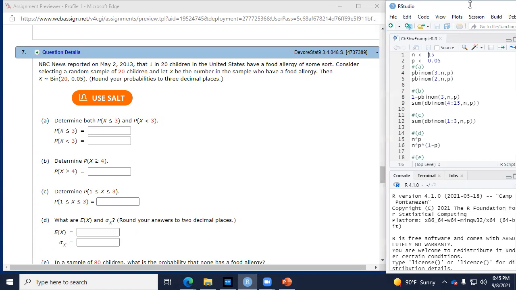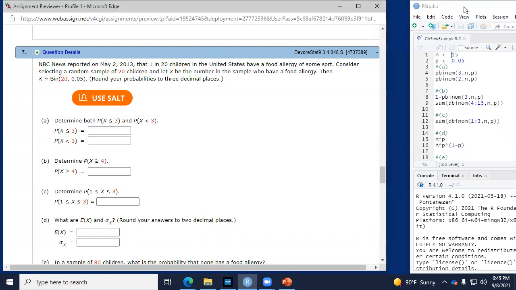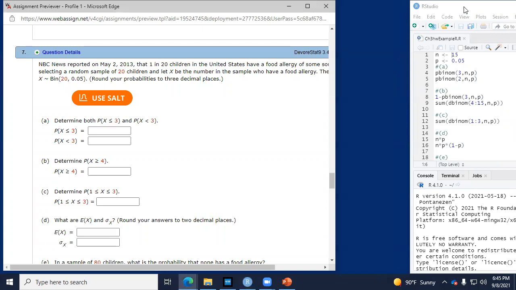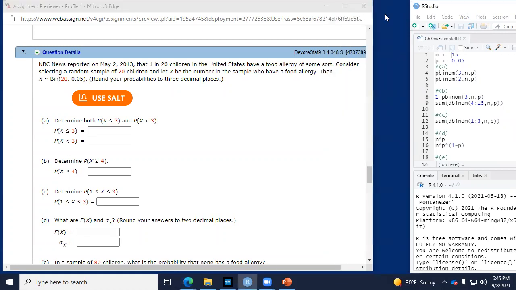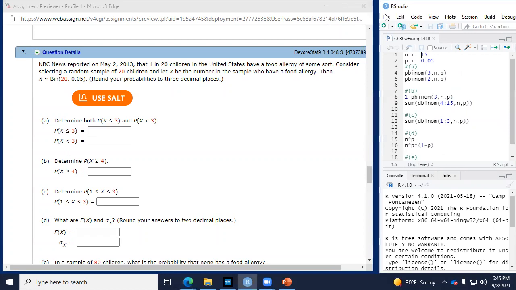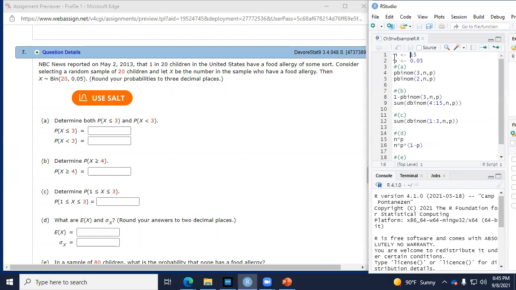Let's get to R. This is how I do it. I firstly assign those parameters, just in case some people might want to read it at the same time. When I opened it earlier today, it showed me n equal to 15, but now n equal to 20.